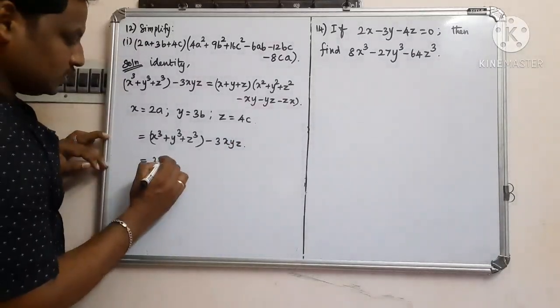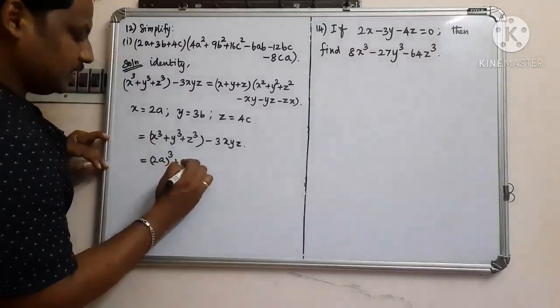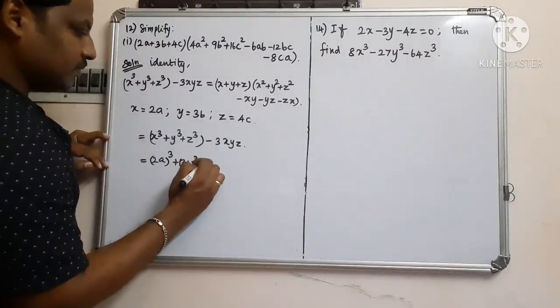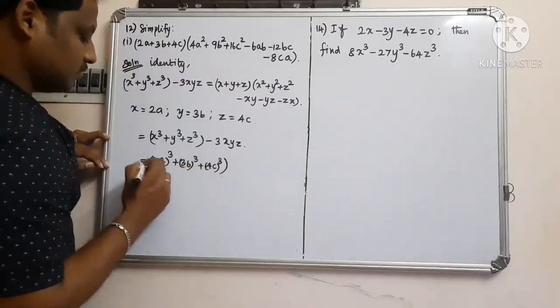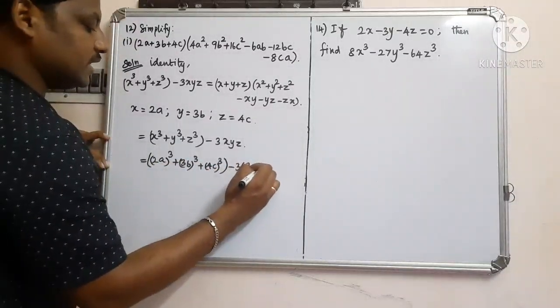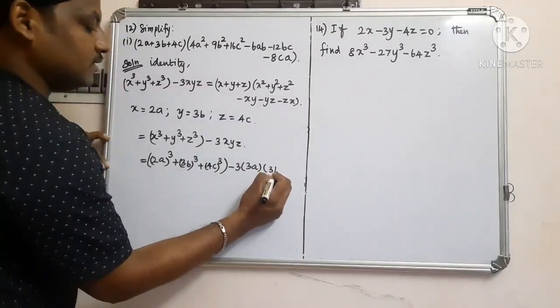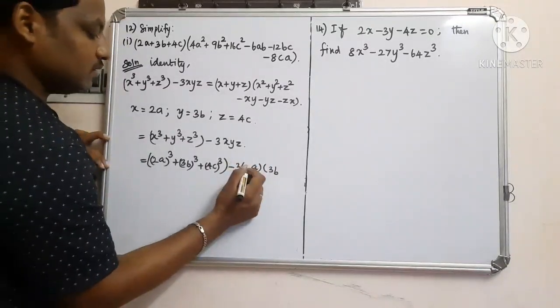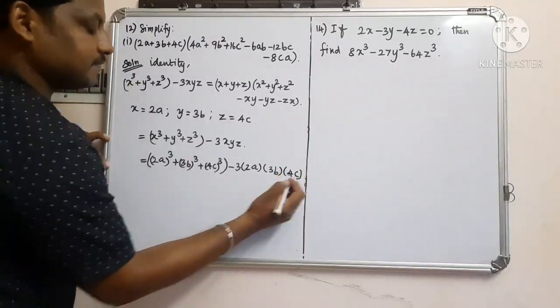That is 2a the whole cube plus 3b the whole cube plus 4c the whole cube minus 3 into 2a into 3b into 4c.